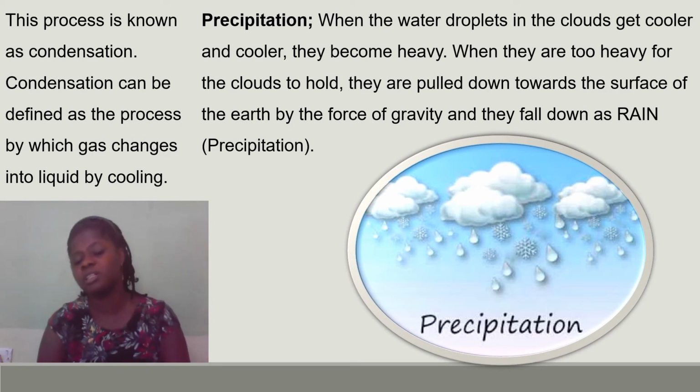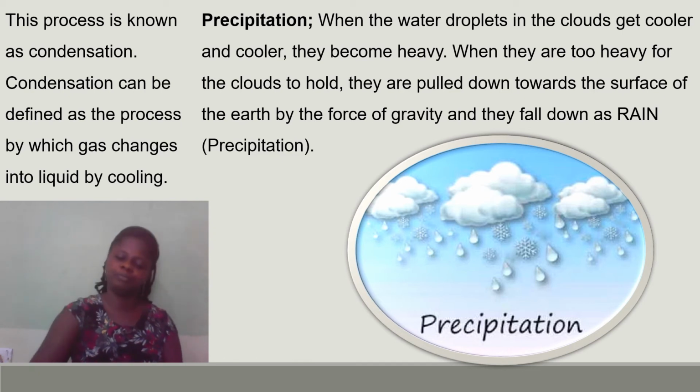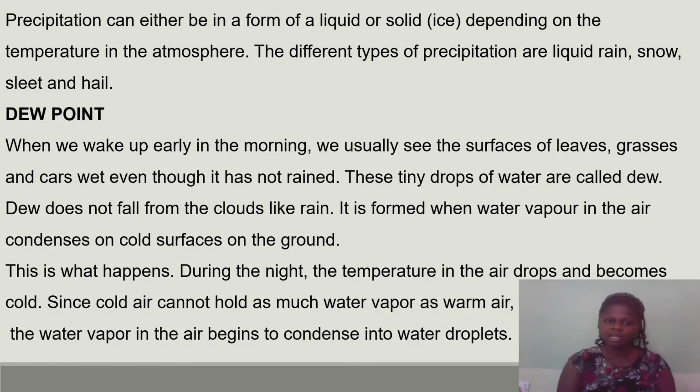So raining is precipitation, alright? Now precipitation can be in the form of liquid or solid depending on the temperature in the atmosphere. The different types of precipitation are liquid rain, snow, sleet or hail. Okay, they are all types of precipitation.